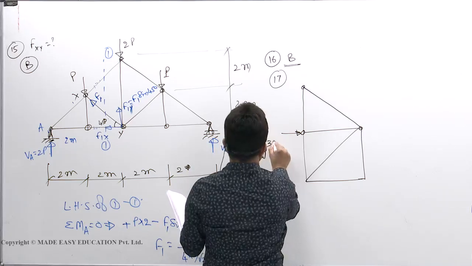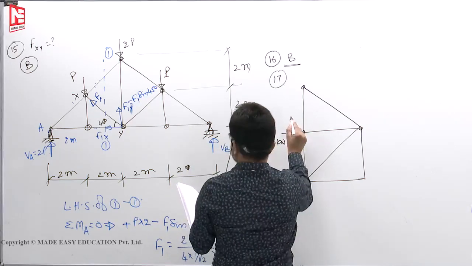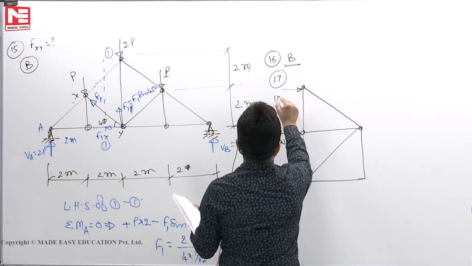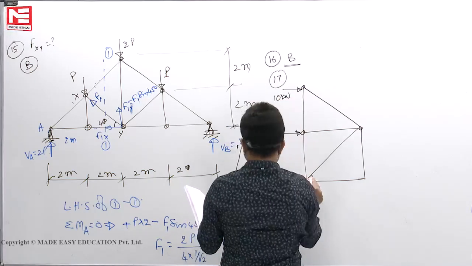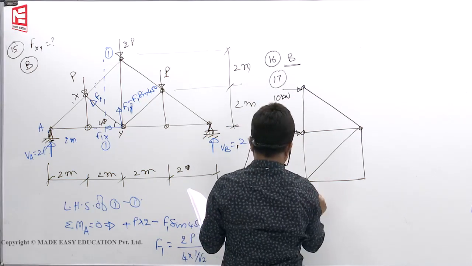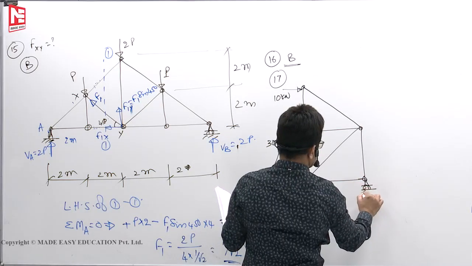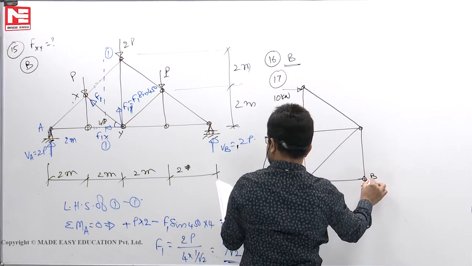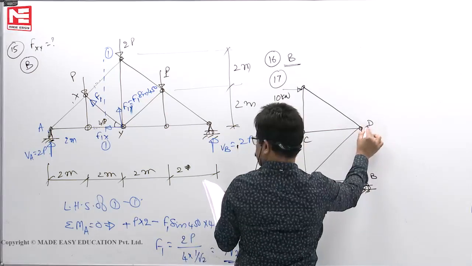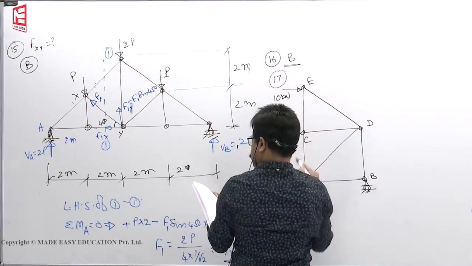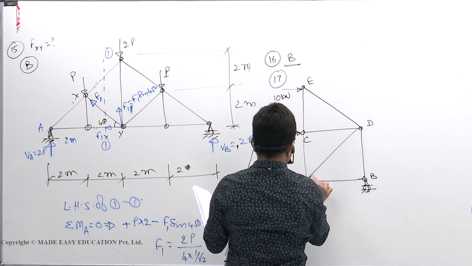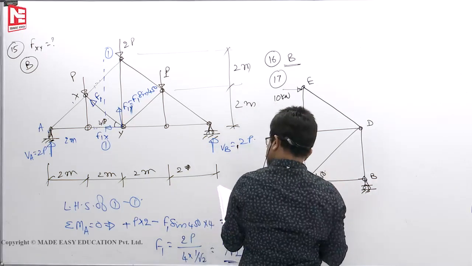This is 30 kilonewton. This is 10. A, hinge, B, C, D. This is E. 2 meters, 2 meters means angle is 45 degrees.